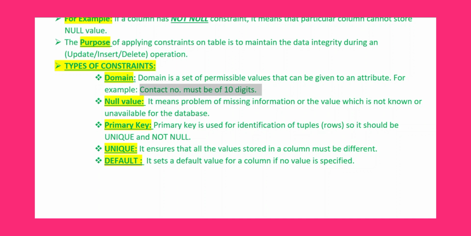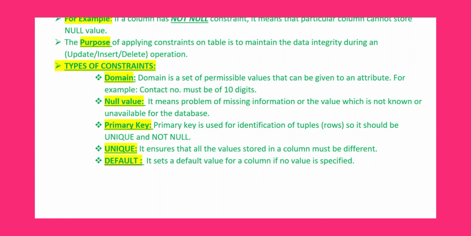So if the data entered in that particular column named contact number from the employee table is less than or greater than 10 digits, then it will give you an error message. So this is the meaning of domain: only 10 digits is the permissible value for that particular column named contact number. This is the actual meaning of domain.